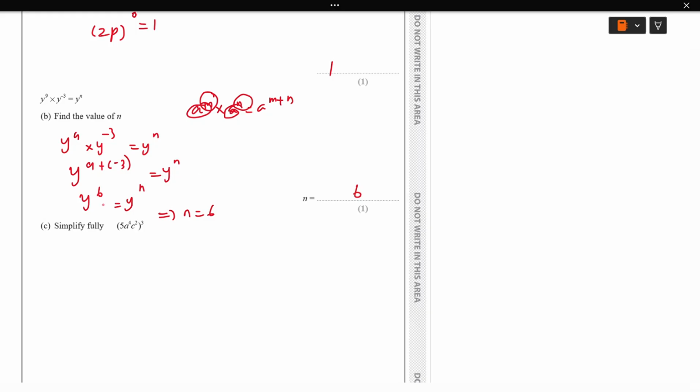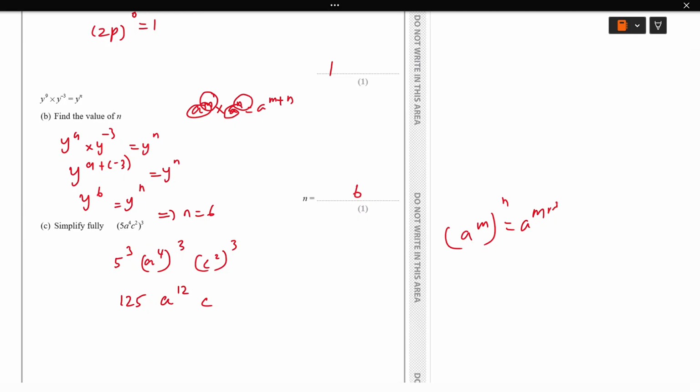The next question, simplify fully. Okay, so whole power cube. We can take each term and bring the 3. So a power 4 whole cube and c square whole cube. 5 cube, 5 times 5 times 5, which is 125. a power 4, 4 times 3, which is 12, because the identity a power m whole power n equals a power mn.